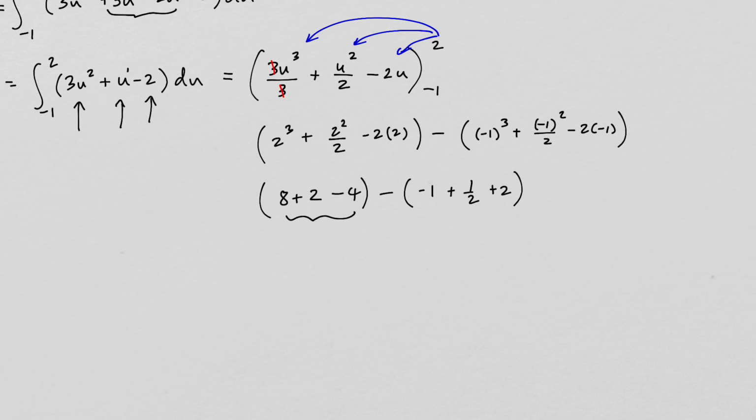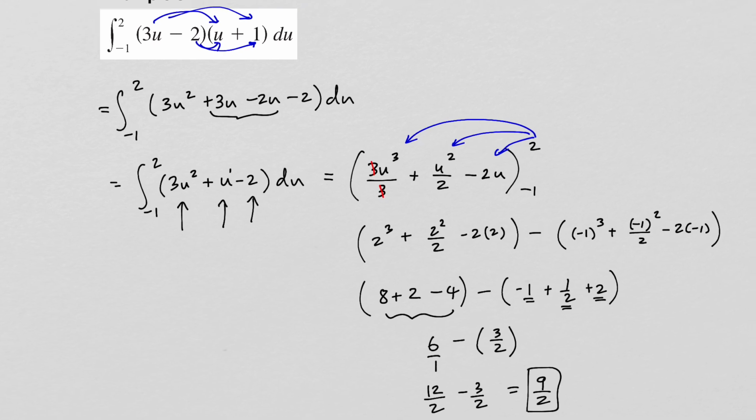So here we have 10 minus 4, which is 6, minus, and then here we've got negative 1 plus 2, which is 1, plus 1/2, which is 1.5, which is 3 over 2. And I can rewrite this as 12 over 2 minus 3 over 2, which ends up giving us 9 over 2.